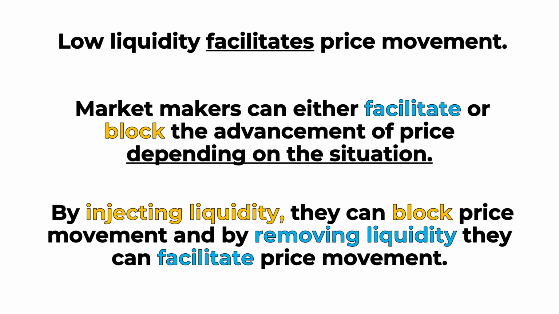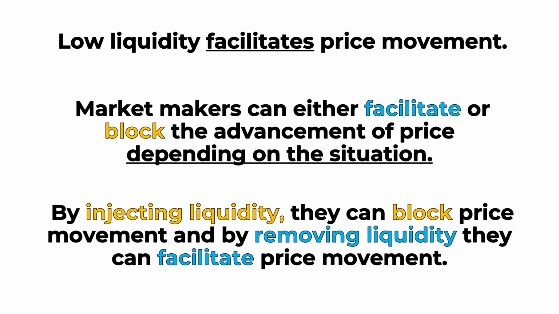For example, let's say a large hedge fund wants to place a massive long position. Market makers and high-frequency trading firms can detect that in the order flow if the hedge fund is not careful. Depending on the situation, market makers can remove liquidity, which will increase slippage for the hedge fund, or they can try to anticipate the movement and profit from it if the market maker believes the hedge fund has good information.